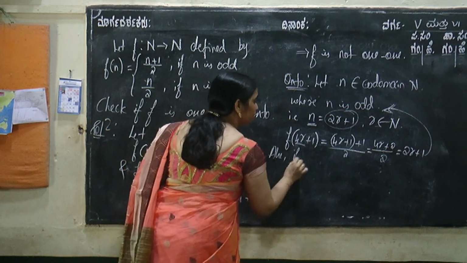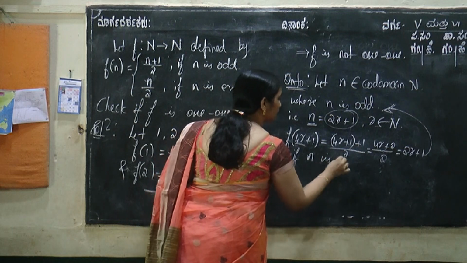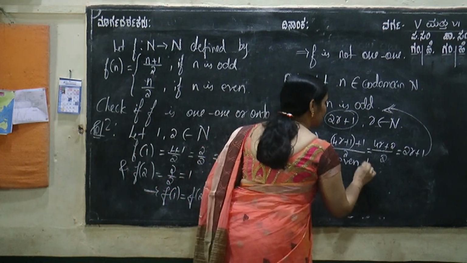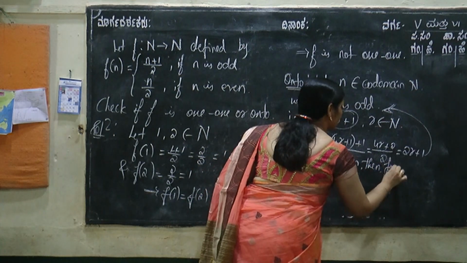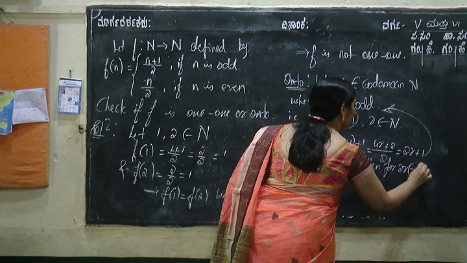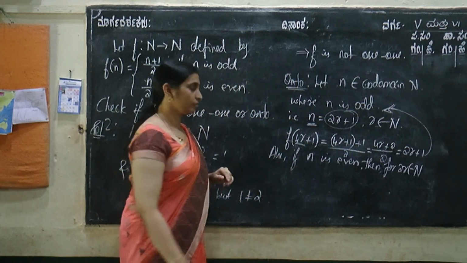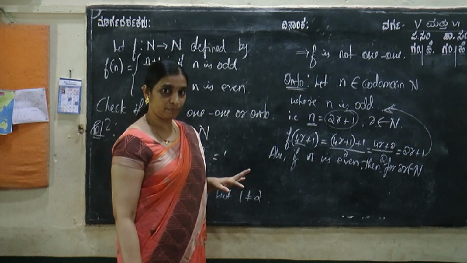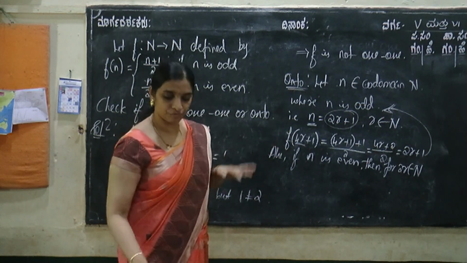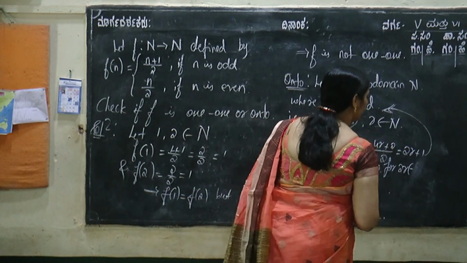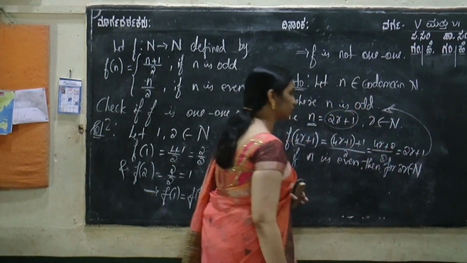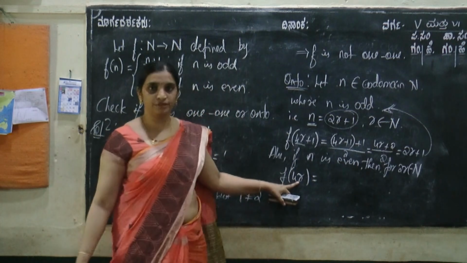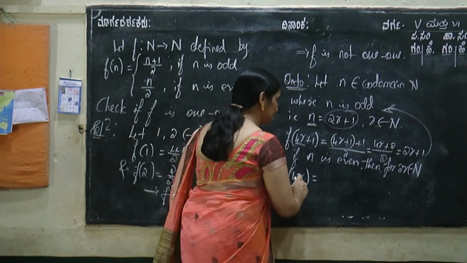Also, if n is an even number, then for 2r in the codomain, we will consider f of 4r. Obviously 4r is a multiple of 2, hence it is even.